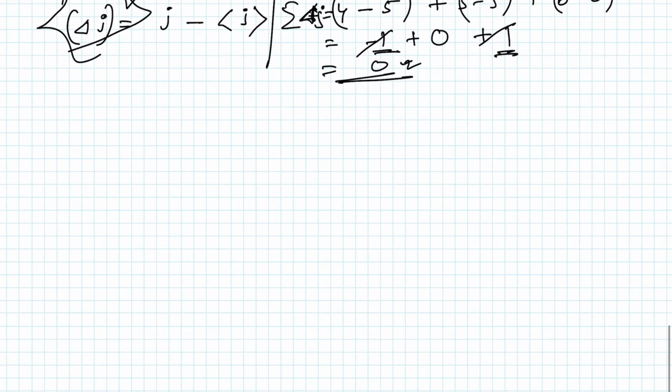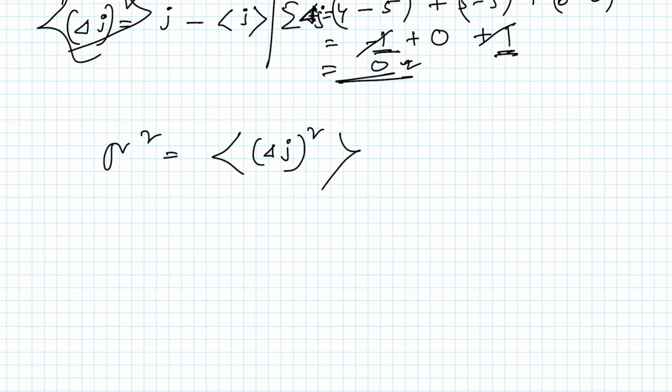So let me tell you how to find the variance, that is sigma squared, which is given by the average of the squares of these deviations. Which is also equal to the average of the squares of the observations minus the square of the average of these observations. The difference of these two gives the variance.